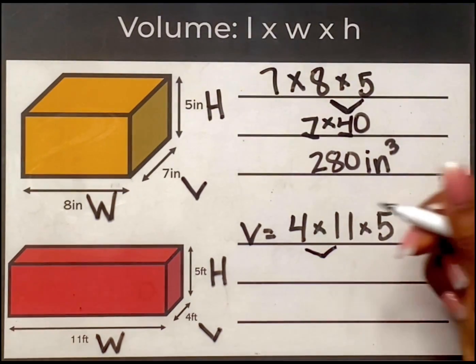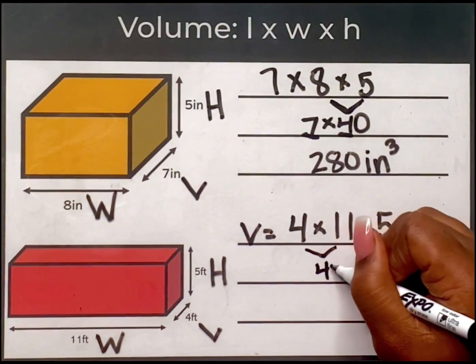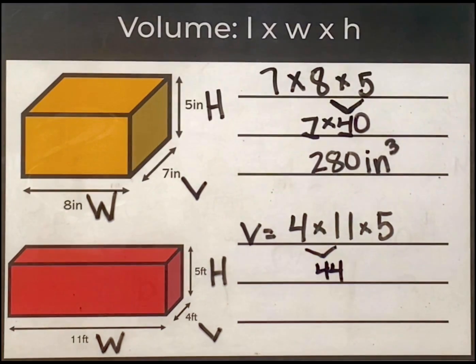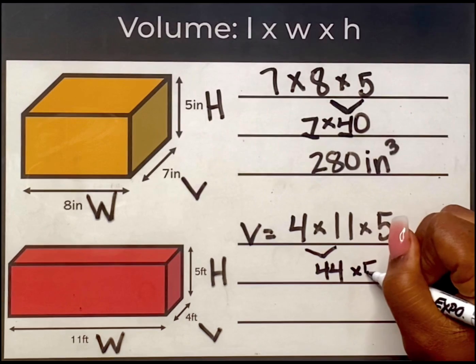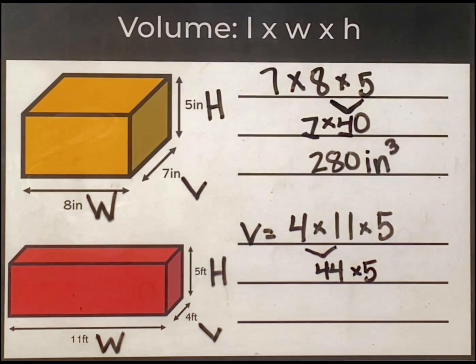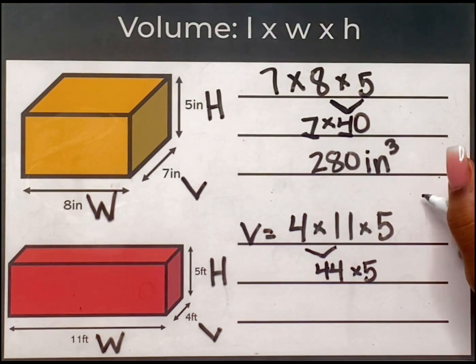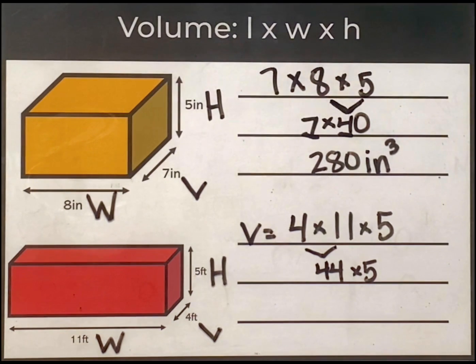Four times 11, we know is what? 44, right? So then we're going to have 44 times 5. So what we want to do is we want to come off to the side and we want to multiply 44 times 5 using whichever strategy you know best.